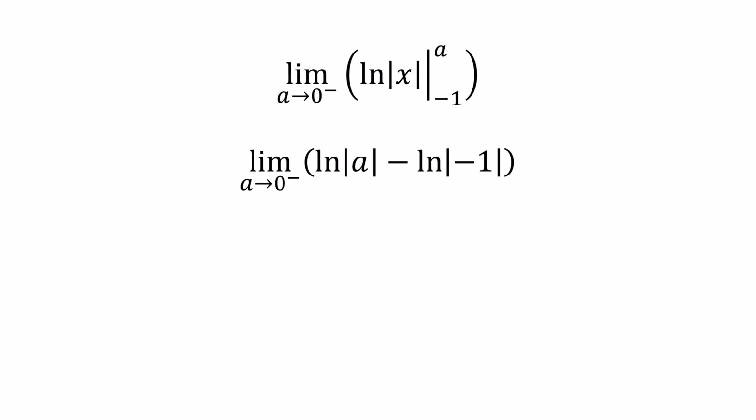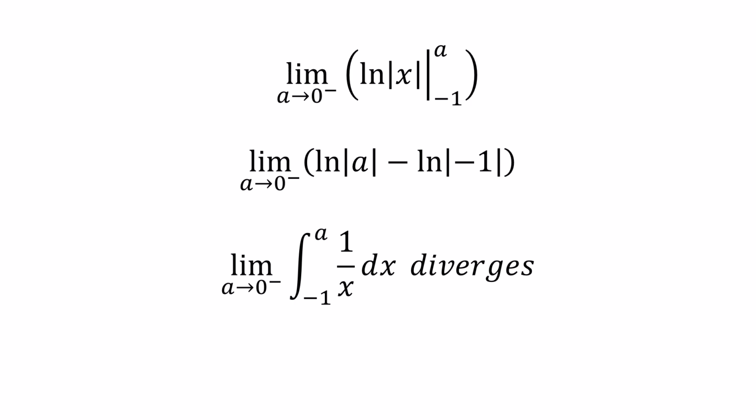The first term grows large in the negative direction while the second term approaches a constant. Hence the limit is negative infinity, so we conclude that the limit as a approaches 0 minus of the integral from -1 to a of 1 over x dx diverges.